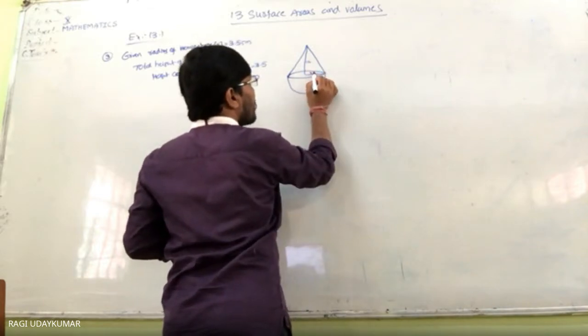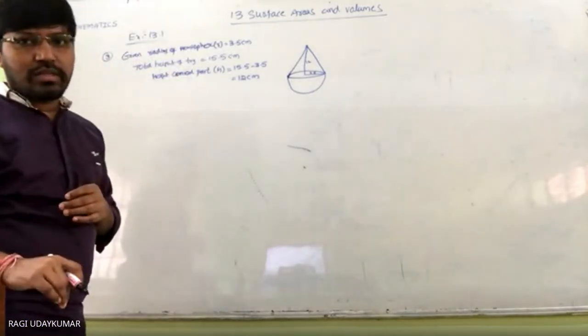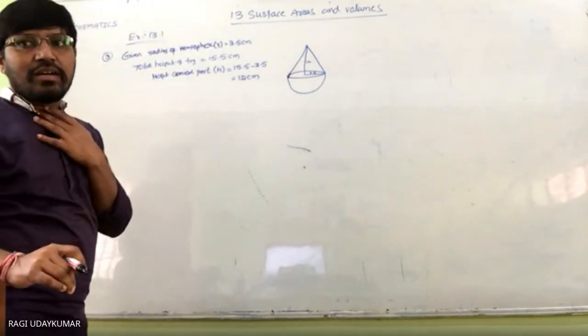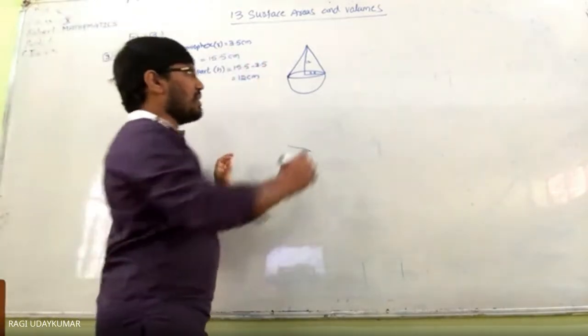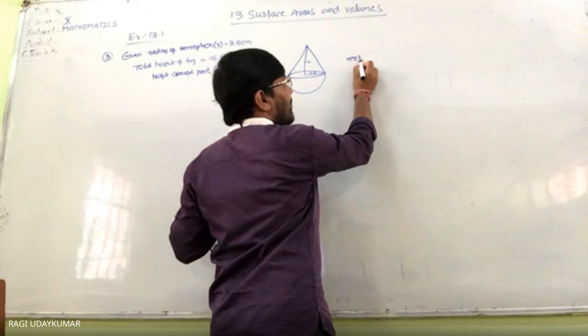This is 3.5 centimeters. What is required is the surface area of the toy, which is nothing but the surface area of the cone, pi r L. L is needed.